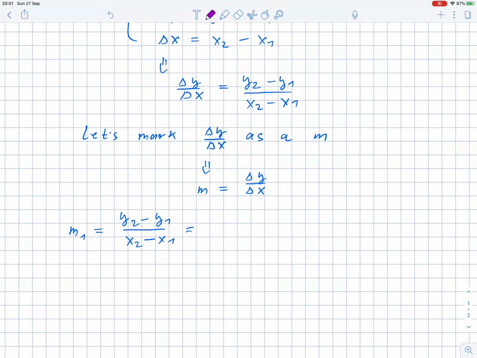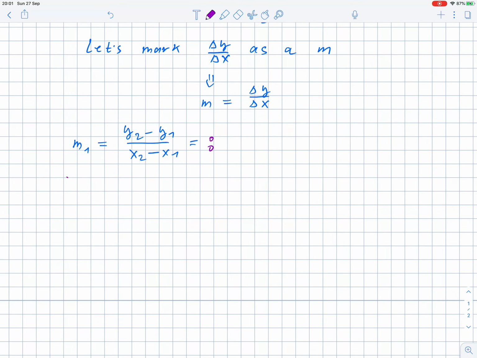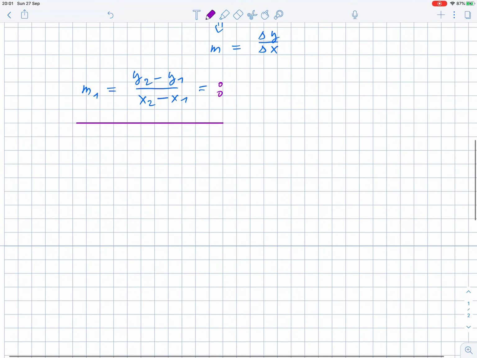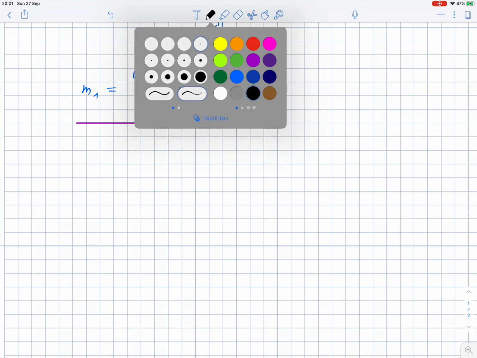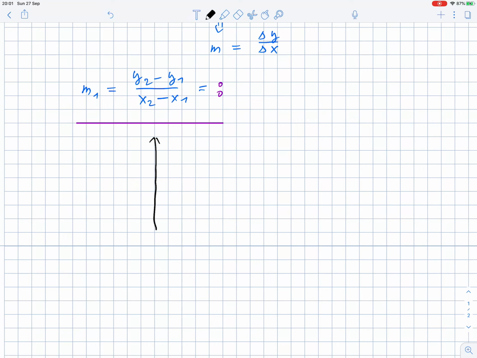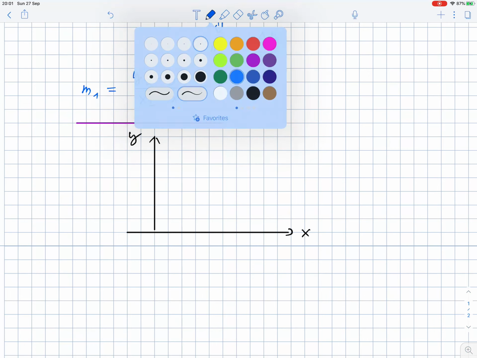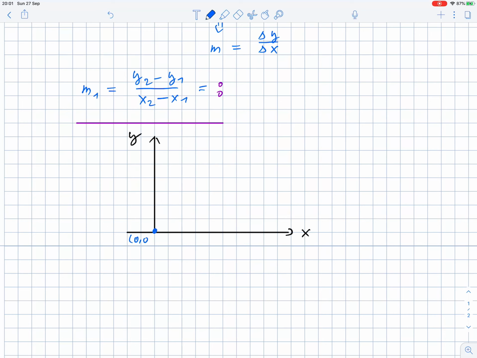We need to choose 2 coordinates to calculate this first ratio. Let's assume that I want to choose the following 2 points. The first point will be 0, 0, and the second point 1, 2. This is the point where x equals 1, y equals 2.